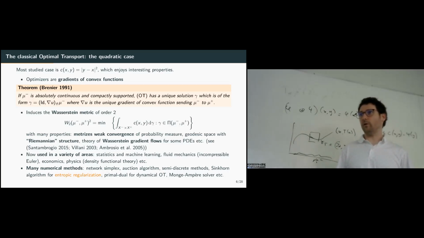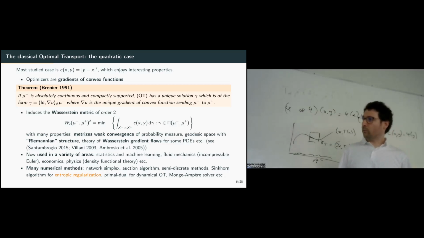Okay, and part of the success of this is also that now you have some efficient methods to compute approximate solutions of this transport problem. So you have the basic method, network simplex, auction algorithm, semi-discrete methods, which correspond to one measure being atomic and the other absolutely continuous, Monge-Ampère solvers, and so on and so on.